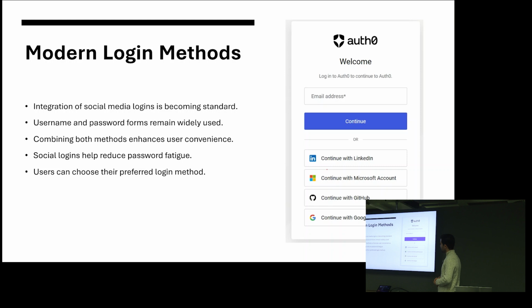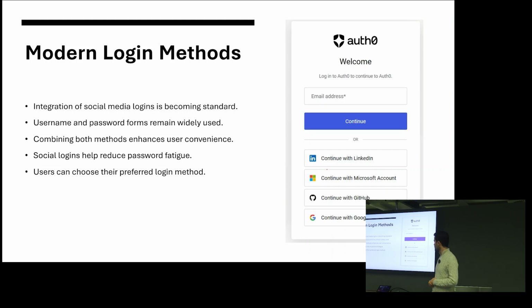By using these new login methods, we don't need to have a username and password for each website. We simply click on our preferred login method, which is, for instance, LinkedIn, Microsoft, whatever. So we don't have password fatigue in this case.